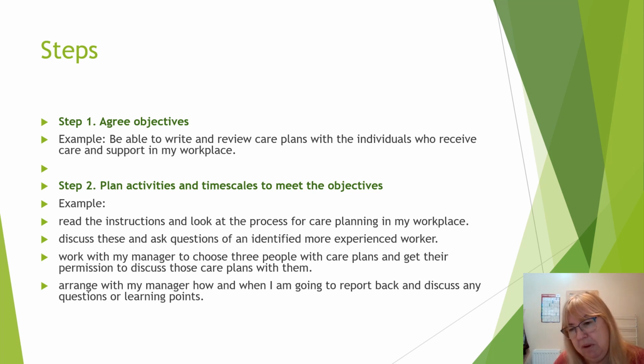Remember, you can't do anything without consent, especially if you've not already been the identified key worker. Then arrange with my manager how and when I'm going to report back and discuss any questions or learning points. It might not be your manager; it might be a supervisor, or a more senior member that your manager might have allocated to do this piece of work with you.